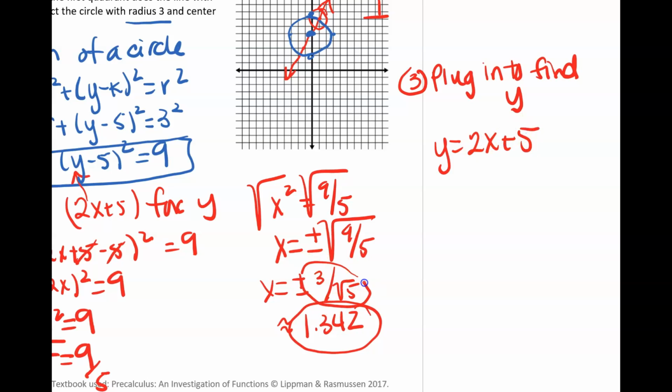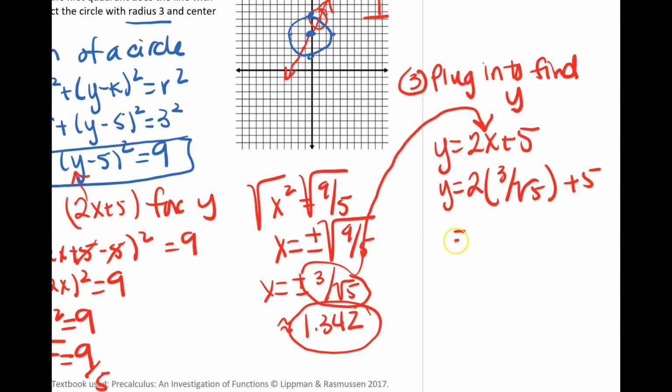Now I'm going to use this exact value, not the rounded one, and plug it in here. So this gives me y equal to 2 times 3 over the square root of 5 plus 5. So it would be 6 over the square root of 5 plus 5. So approximately 7.683. Now I went back to the original value there because I don't want to take this rounded value, work through all that, and round it again.